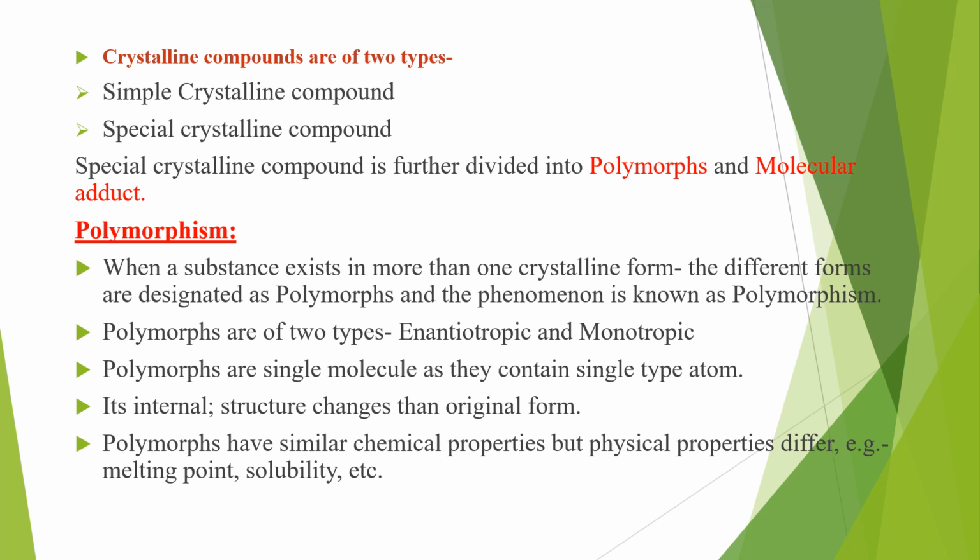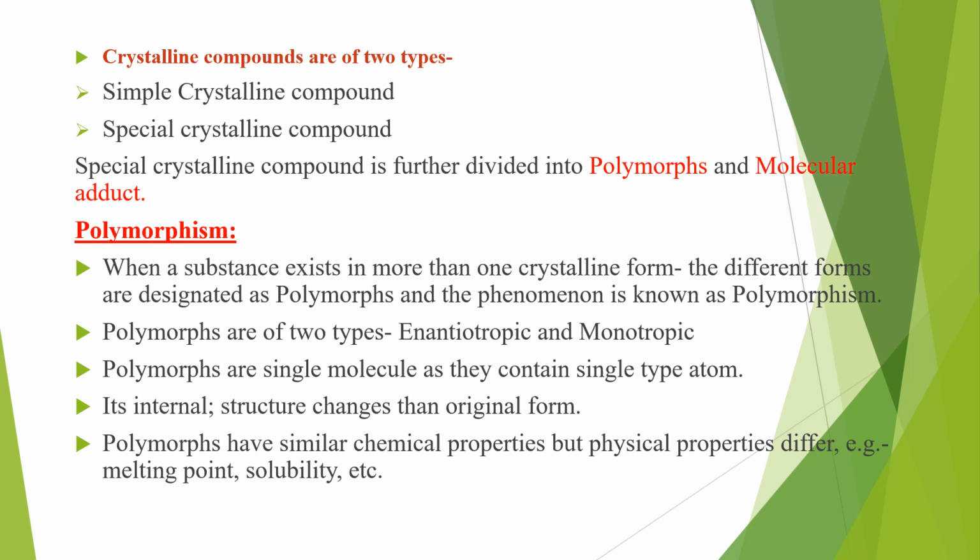In the last lecture, we completed the different types of crystalline compounds, that is the simple crystalline compound and the special crystalline compound. The special crystalline compound was further divided into polymorphs and molecular adducts.